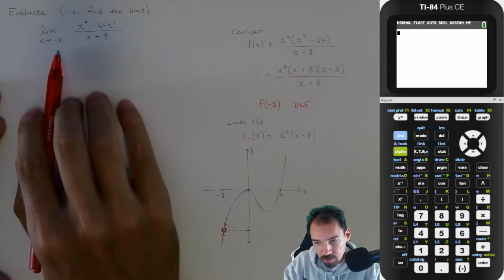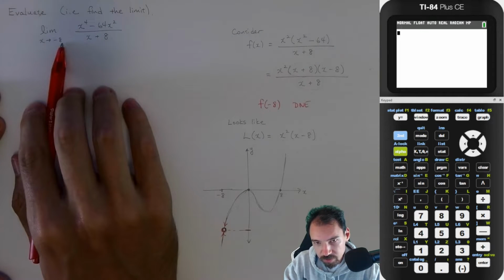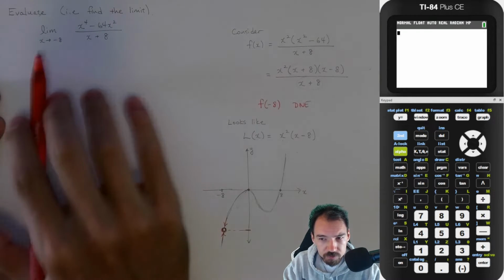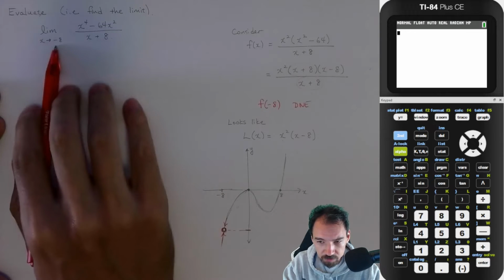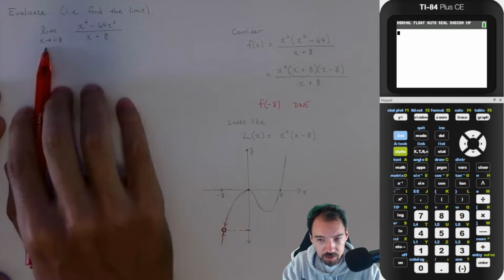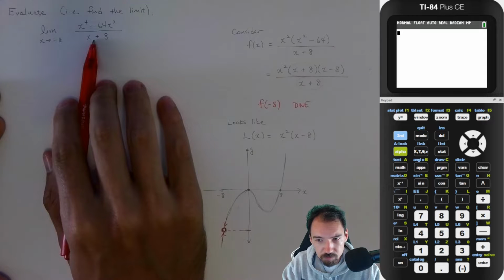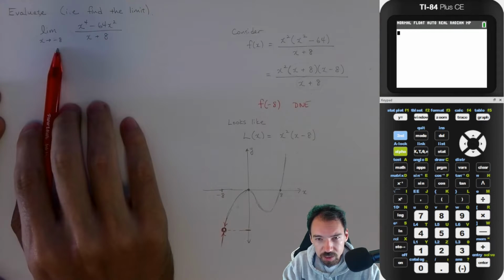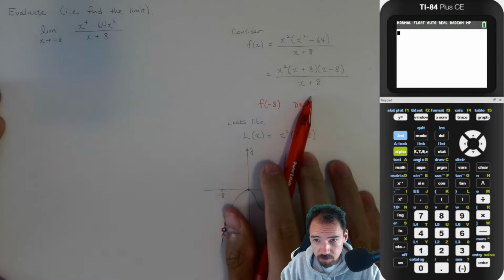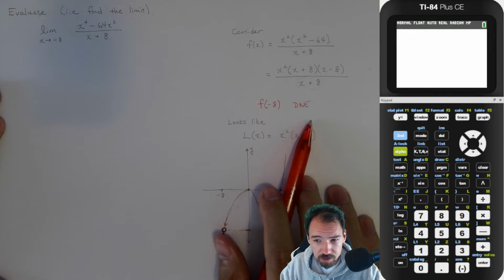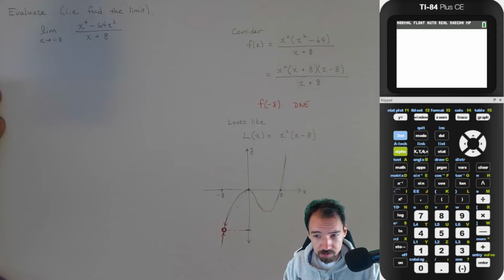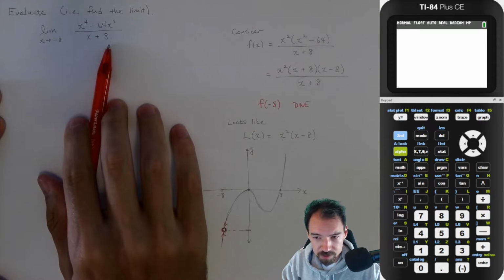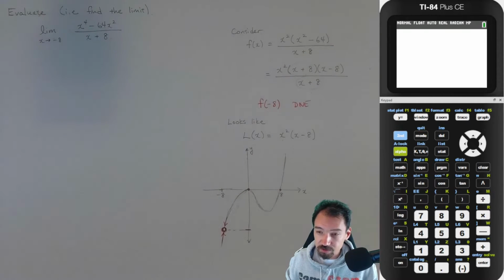Because we often will teach students, when you take a limit, the first line of defense is to just take that value for x and plug it in to the expression. But we already know what happened when we tried to plug in negative 8 directly. We get 0 over 0. That's not a number. Okay. So I've had students come up to me and say, oh, 0 over 0 is not a number, so the limit doesn't exist, right?